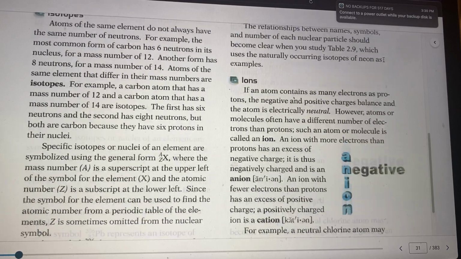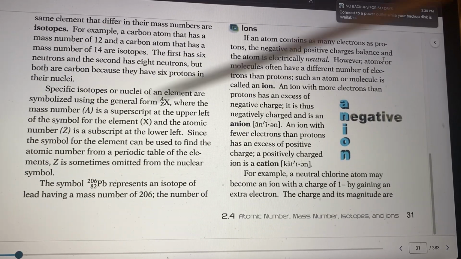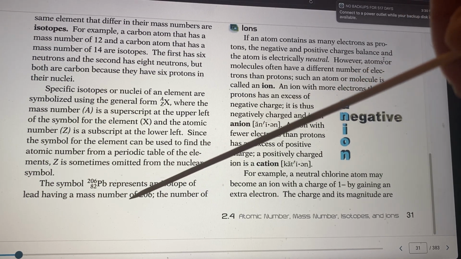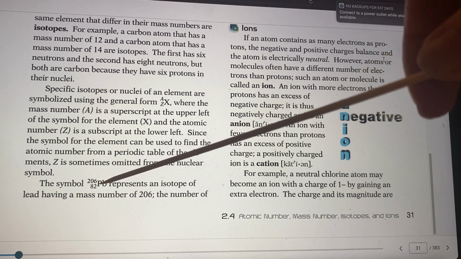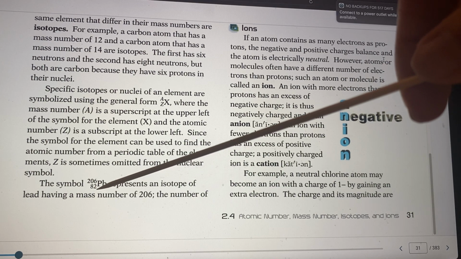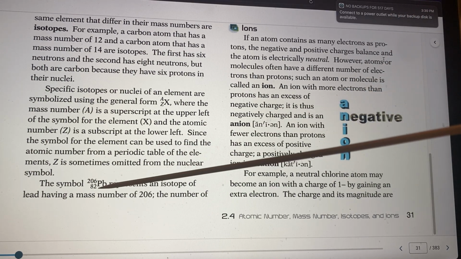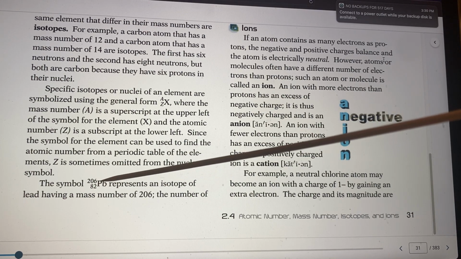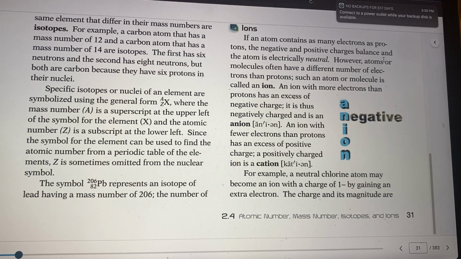Like lead is 206 over 82. The 206 represents the mass number, meaning protons and neutrons, and the 82 is the Z, or the protons. So you can say right away lead has 82 protons and 206 protons and neutrons. To find the number of neutrons, you just subtract 82 from 206.